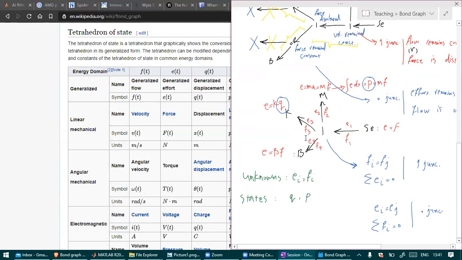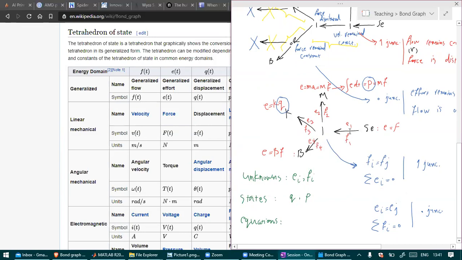And our set of equations is basically the set of equations we get from writing the equations for the elements, arrows, and junctions.